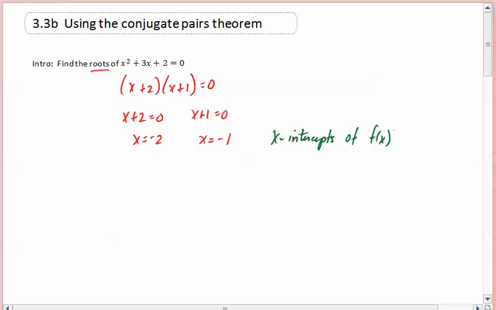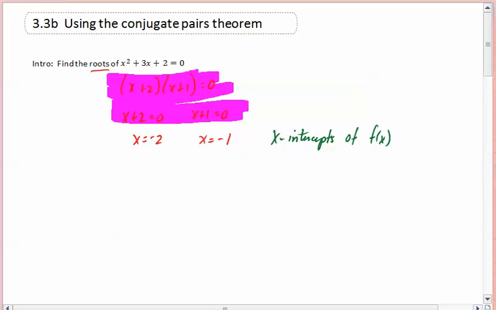So, what if I just covered up this right here? Let's pretend like we didn't see it, and I asked you to come up with a polynomial, and all I gave you were the roots. Well, of course, you would say, okay, let's go backwards.